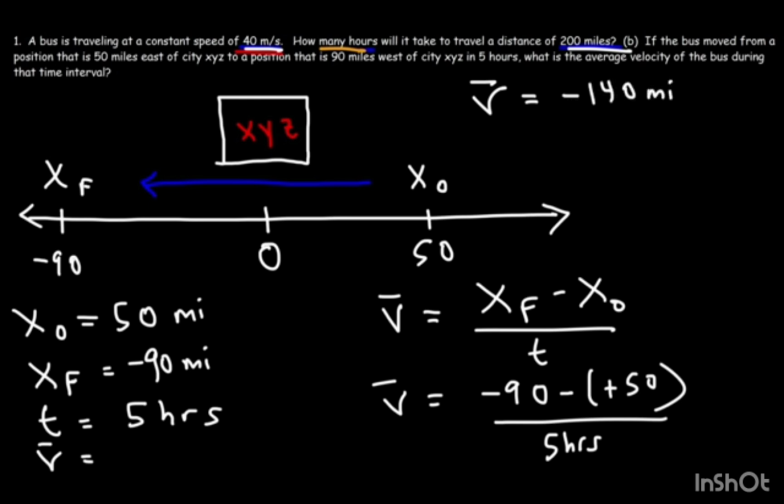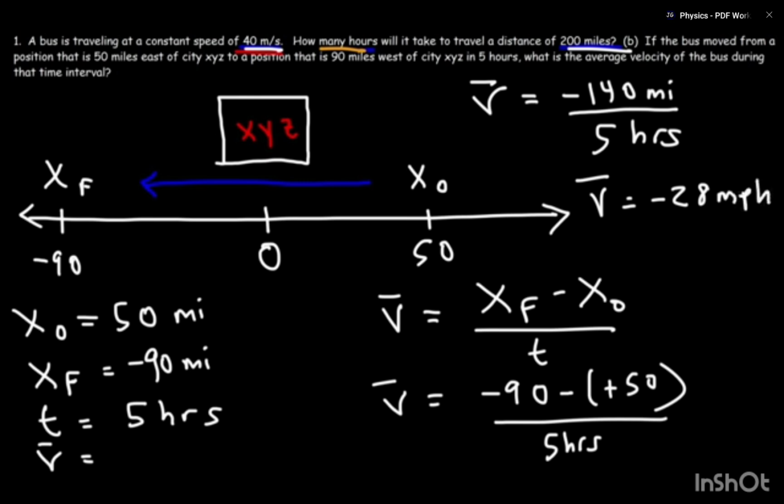So the change in position or displacement, that is negative 140 miles. And we're going to divide that by 5 hours. So 140 divided by 5 is 28. Thus the average velocity is going to be negative 28 miles per hour, which we can write as mph. So that's how we can calculate the average velocity for this particular problem.